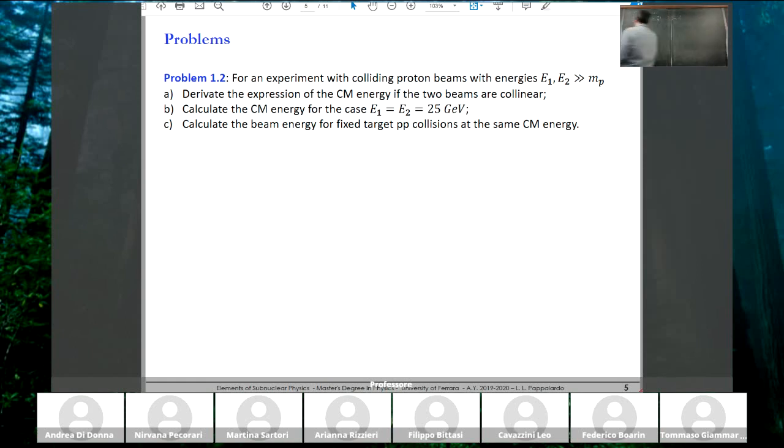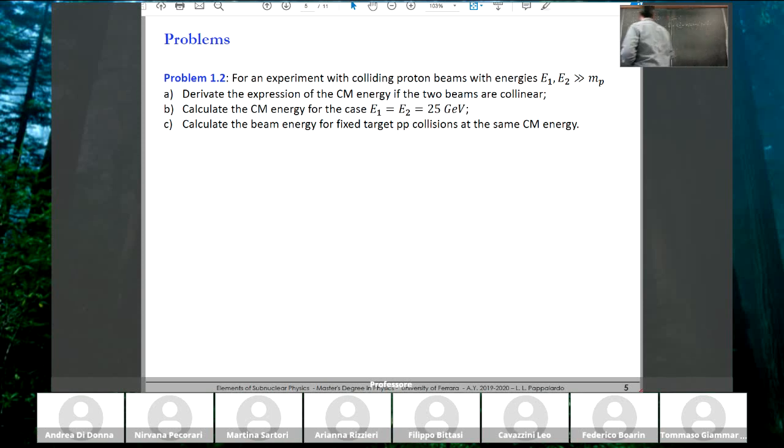And so again, we calculate s as (E1 plus E2) squared minus the momentum squared. That is (EP plus MP) squared minus EP squared. This is EP squared plus MP squared plus twice MP EP minus EP squared.